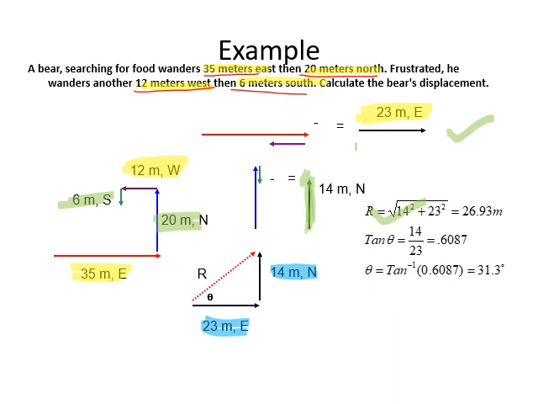You can find this just by using the theorem, the square root of ax squared plus ay squared, and you will get the magnitude 26.93 meters, and the direction you can find from tangent theta, the y component over the x component, so that is 31.3 degrees.